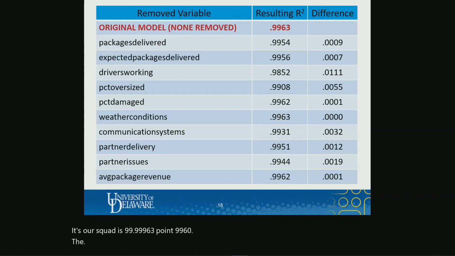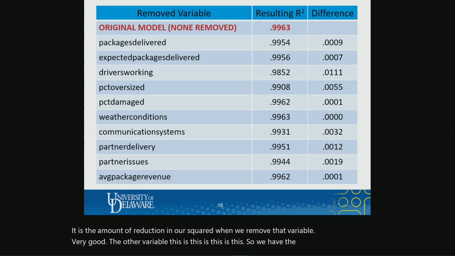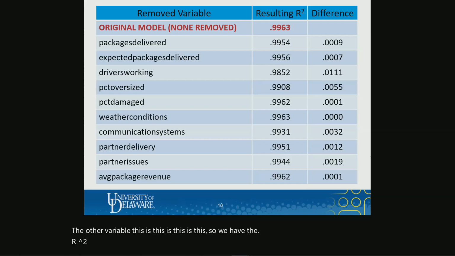When we remove packages delivered, the resulting R squared will be slightly smaller. The difference is here. It is the amount of reduction in R squared when we remove that variable. We remove the other variable, this is this. So we have the R squared reductions for all the variable removals.